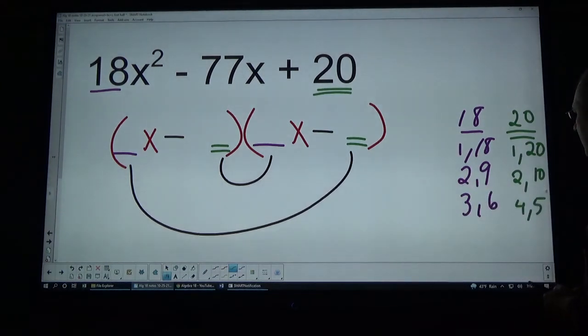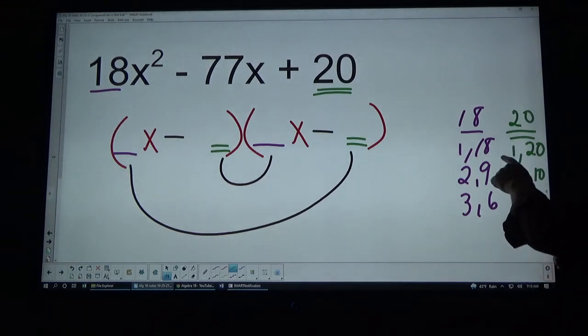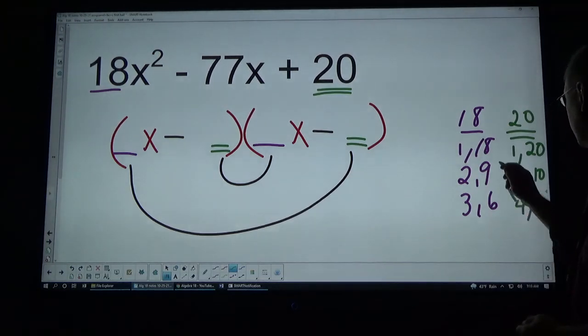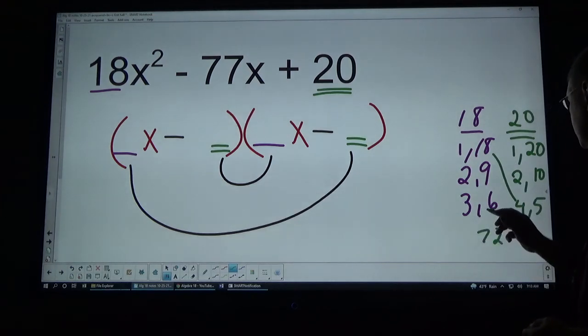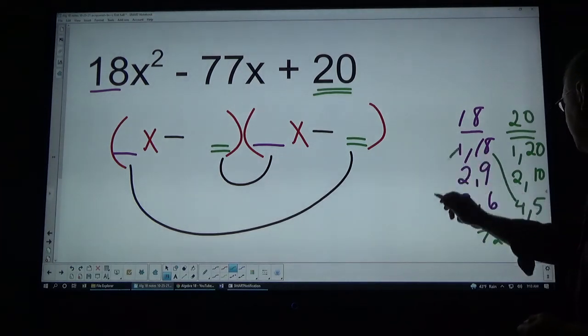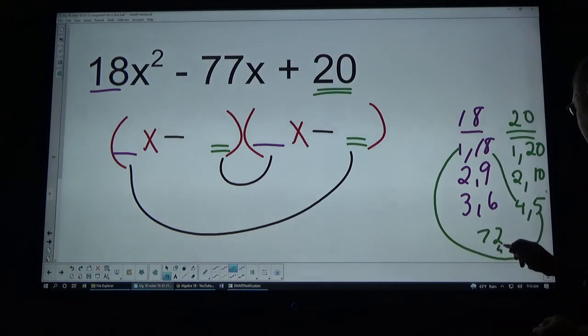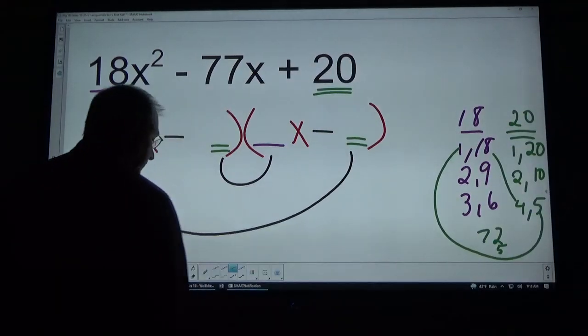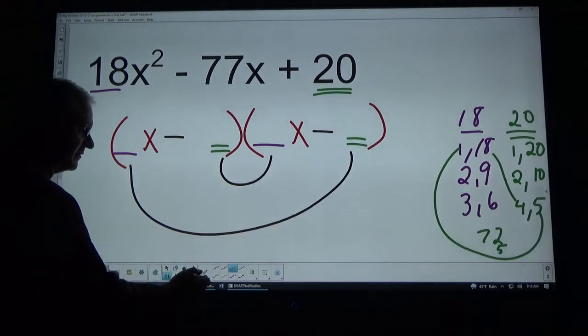No. Wow, a lot of choices here, and I haven't come up with the right pair yet. 4 times 18. Let's see, 40, 50, 60, 72. 4 and 18 is 72. 1 and 5 is 5. That does make 77. Finally found the right pair. That was difficult to find.